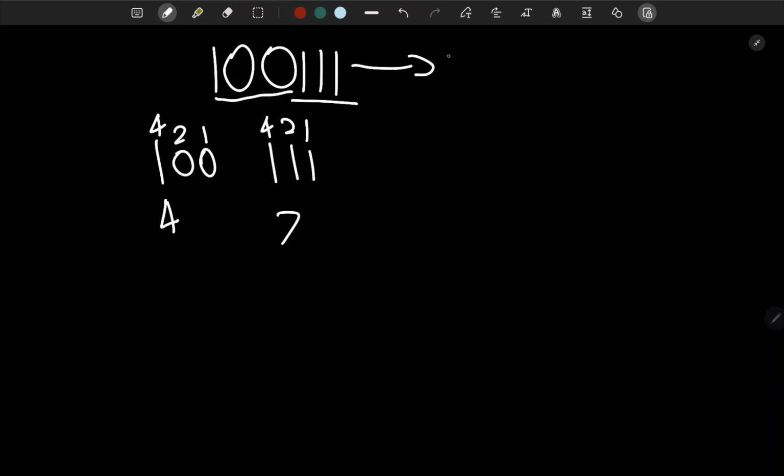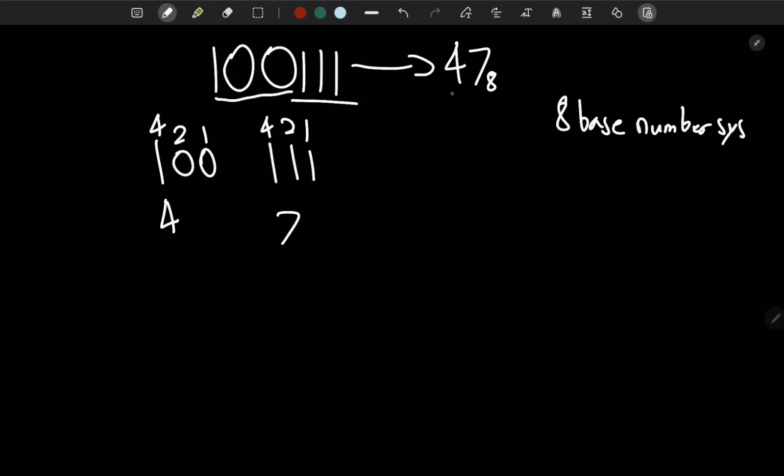And that's it. The answer is 47, and you can write a small 8 next to the number, not a large 8, because this is to indicate that this is an octal number, and octal stands for 8. So basically it is a base 8 number system.